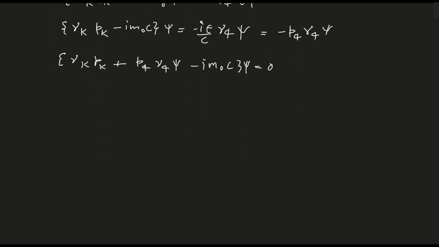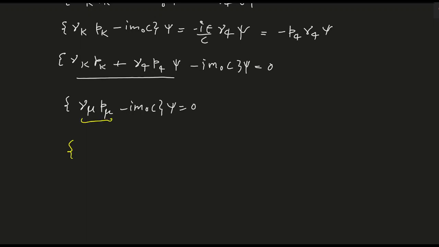So these two are the same thing. You can write this P4 gamma 4 also as gamma 4 P4, no difference. So you can change the index to mu, and I've told you that mu runs from 1 to 4. So see, you can use gamma mu P mu minus i m naught c psi equals 0. Now again you can use our beloved slash operator.